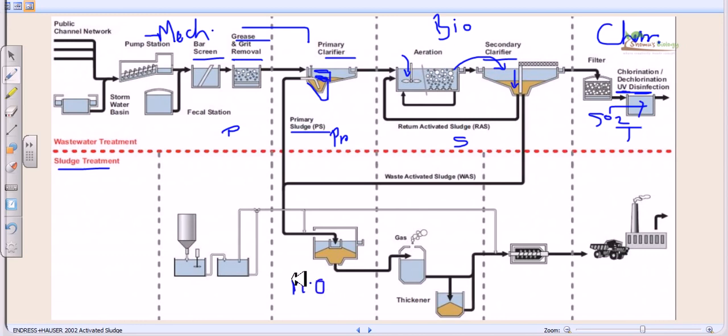Now we know the action of methanogens, that they can utilize carbon sources and generate methane gas. As you can see in this case, this methane gas is a very good fuel, as we know. So we can utilize the energy stored in this methane gas to run a few generators and pumps in this same wastewater treatment plant. So it's a circulation of energy in the wastewater treatment plant.